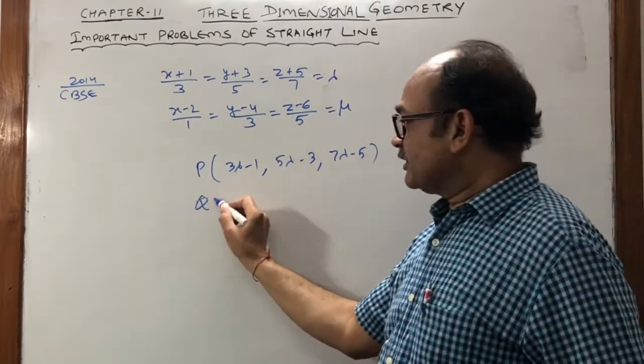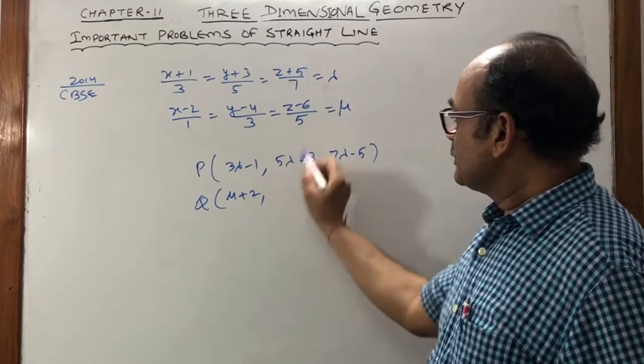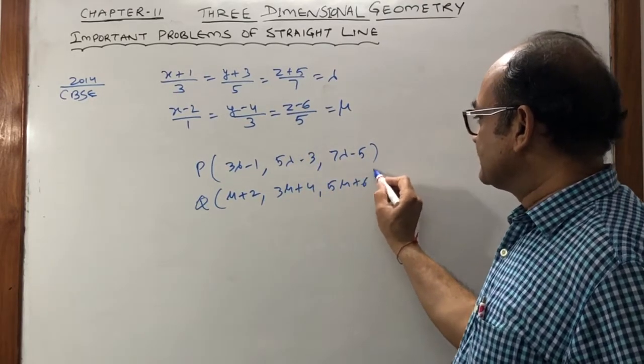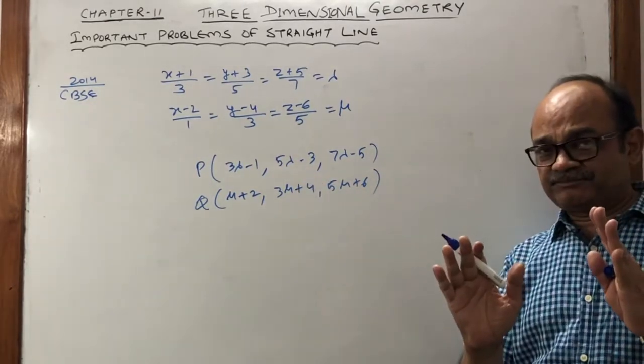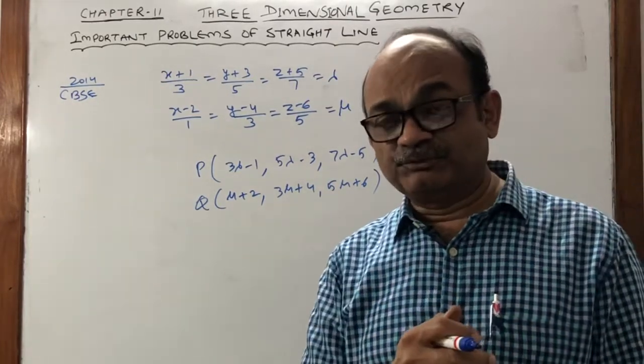Similarly, we can calculate another general point on the second line: (mu + 2, 3 mu + 4, 5 mu + 6).